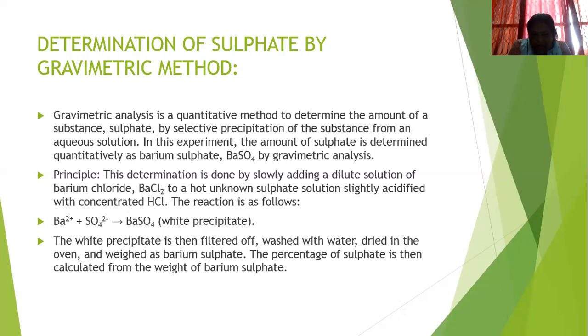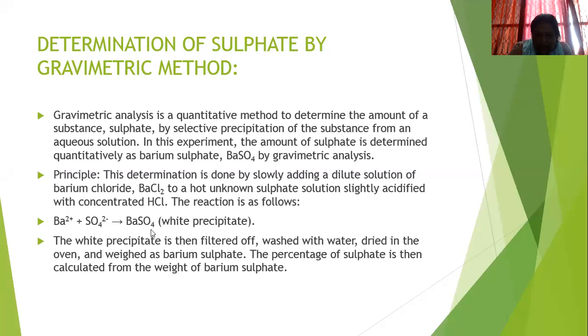Then carry out the experiment. You will first have to boil the solution and then slowly add barium chloride to the solution from a burette and make the medium acidic with concentrated HCl. Now you can see the reaction: barium from barium chloride reacts with the sulfate of the solution and gets precipitated as barium sulfate.